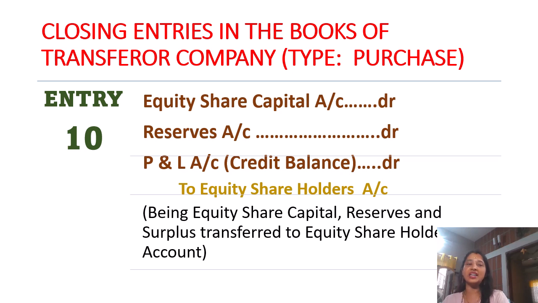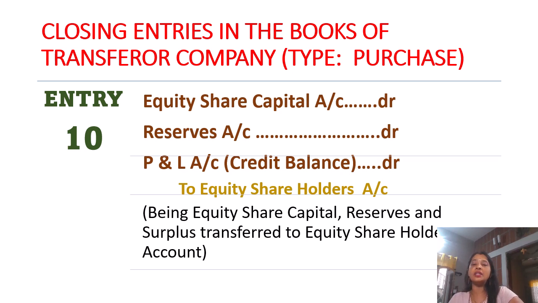Once you pass the 9th entry, the 10th entry, in case of amalgamation in the nature of purchase, you should transfer all insiders' liabilities. Till now we spoke about only outside liabilities. Now there are inside liabilities, meaning equity share capital, reserves and surplus. Those things will be transferred to equity shareholders account.